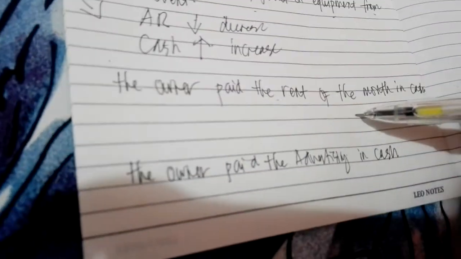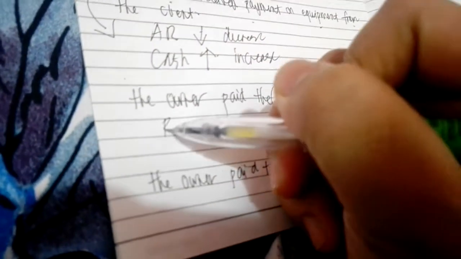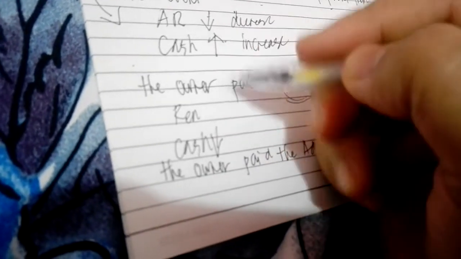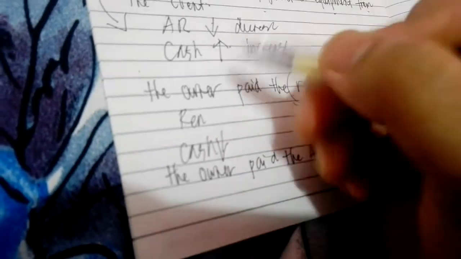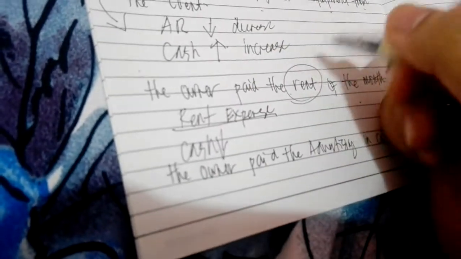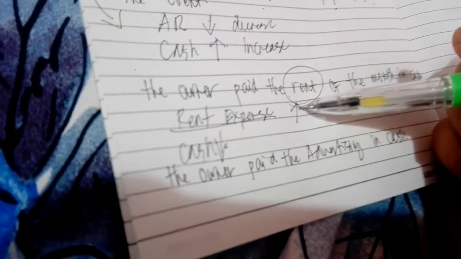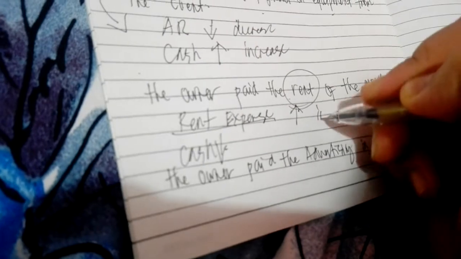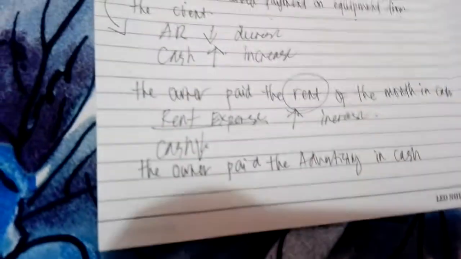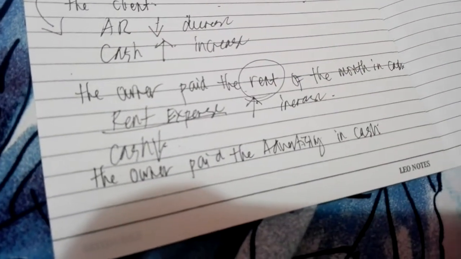Next, the owner paid rent for the month in cash. So rental space. And what is the cause why you have a deduction in the cash? What is the reason why you don't have cash? Because you paid or you have an expenditure, that is rent expense. And whenever you have a cause of action why you don't have the cash, that gives you a positive or increasing impact on rent expense or other expenses, maybe utilities, advertising, etc. For example, the owner paid advertising in cash.